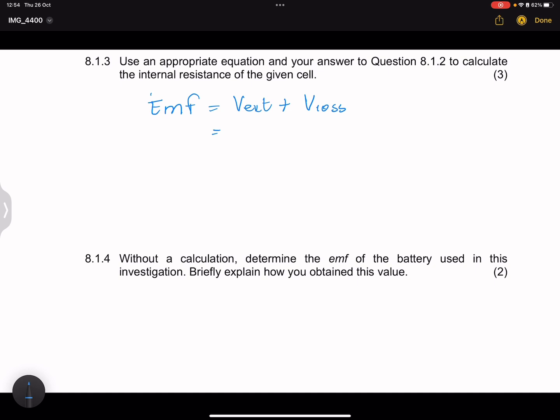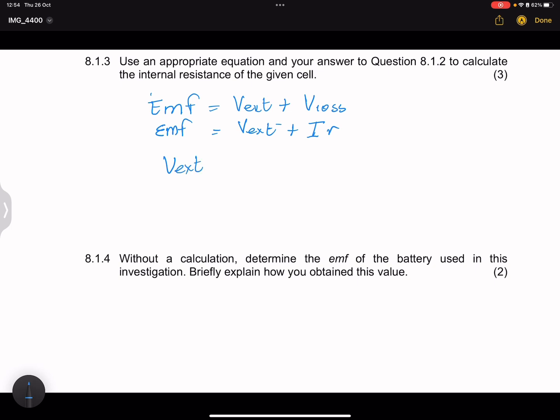Now we want to make V external the subject of the formula. But remember, V loss is the current times the internal resistance. So how do I make V external the subject of the formula? If I take everything to the left-hand side, let me actually do this.